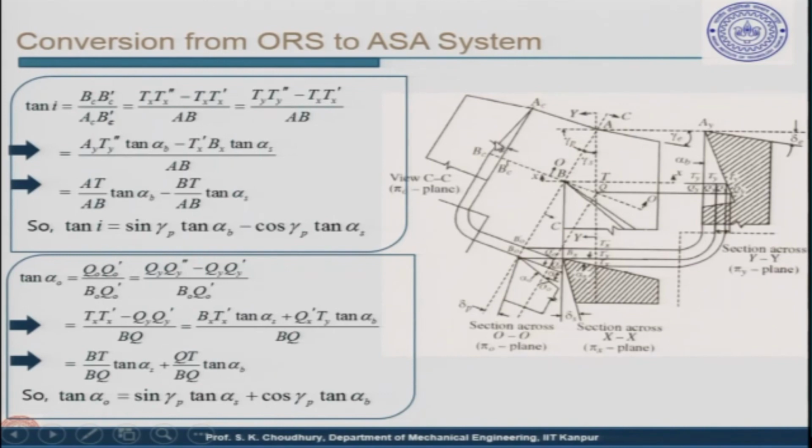Let us say tan of this angle is this divided by this, which will be AC by BC prime. AC and BC prime can be projected to this base as AB, and BC prime can be projected to other views like this.